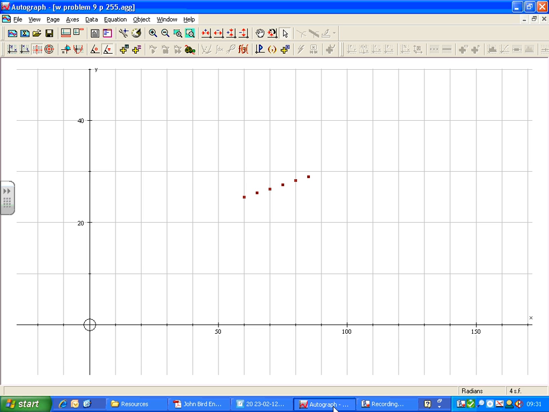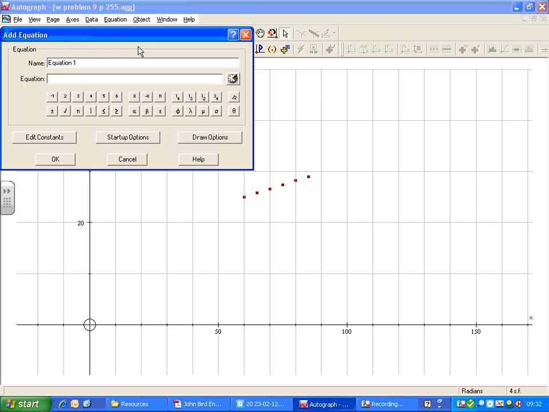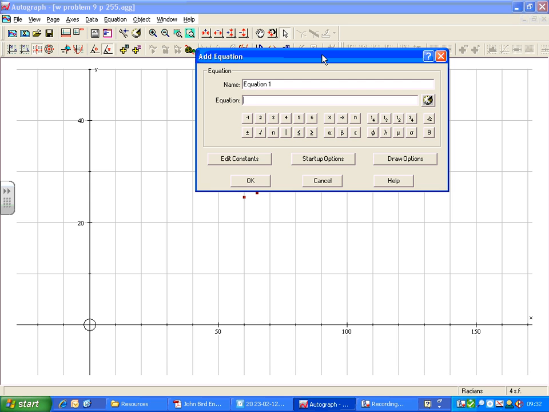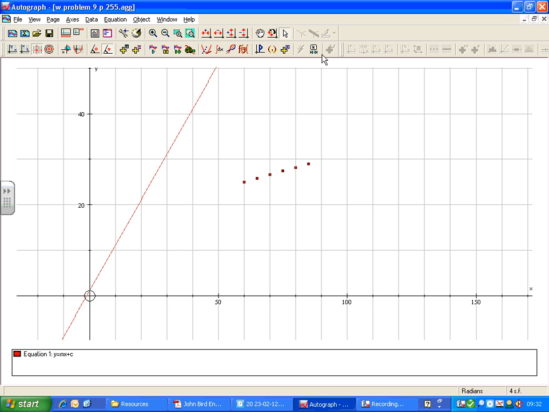So let's go back to our autograph again, and what I'm going to do is type in, and we'll talk more about this a bit later, a function. Right, so I put a straight line on there, and the function that I've typed in here is y equals mx plus c.